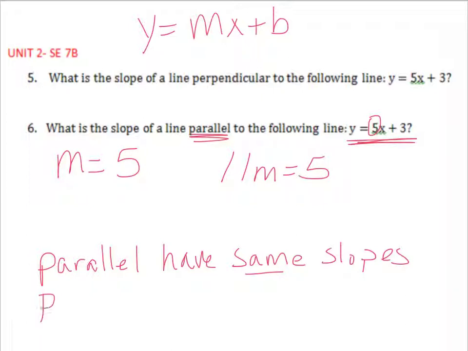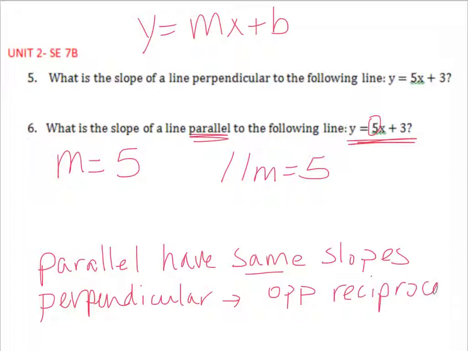Now perpendicular lines have opposite reciprocal slopes. Opposite reciprocal, which means we write it as a fraction. So again, our slope is y equals mx plus b. Our slope is 5. And when we write that as a fraction, we write it as 5 over 1.